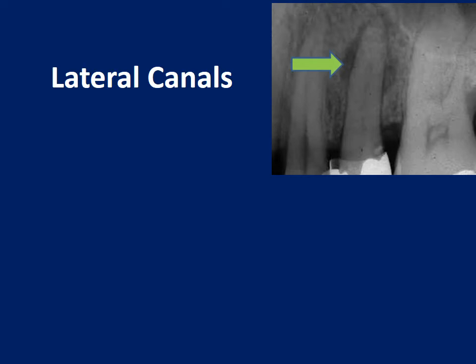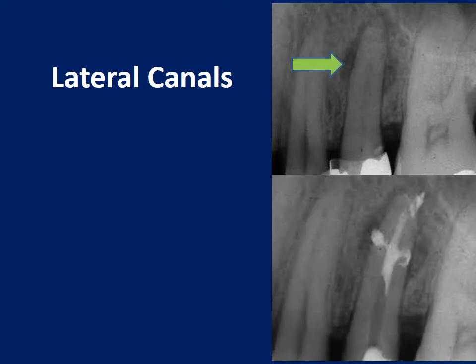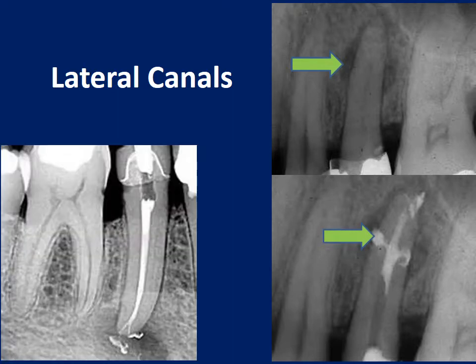As we can see here, laterally positioned lesions, both mesially and distally. After endo treatment, you can see that there are two very large lateral canals, and after treatment the healing of the periodontal lesion is starting. You can see here this big lesion is associated with the main apex and with a lateral canal.